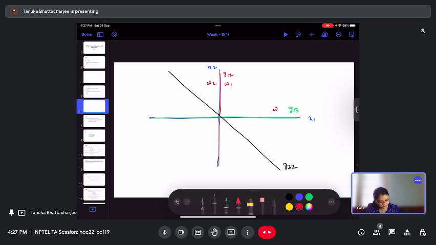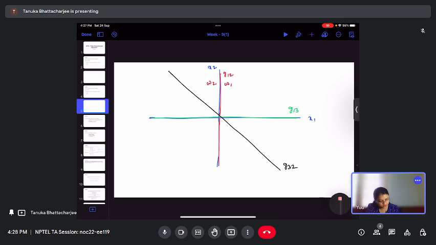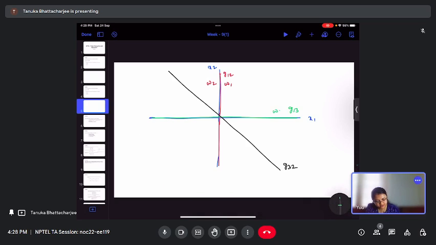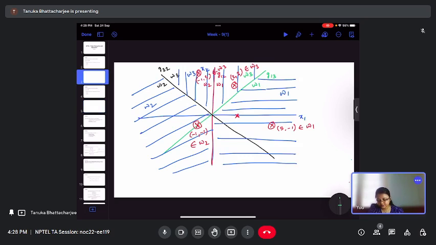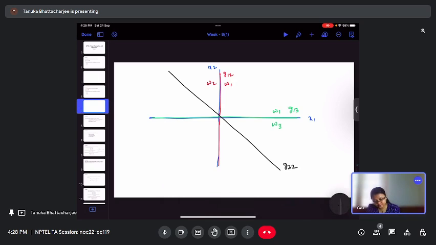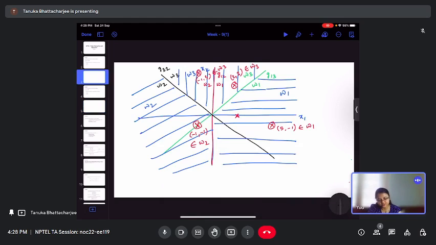This side is class omega 1 and this side is class omega 3. And for G32, as we have already seen in the previous example, this side is omega 3, this side is omega 2.